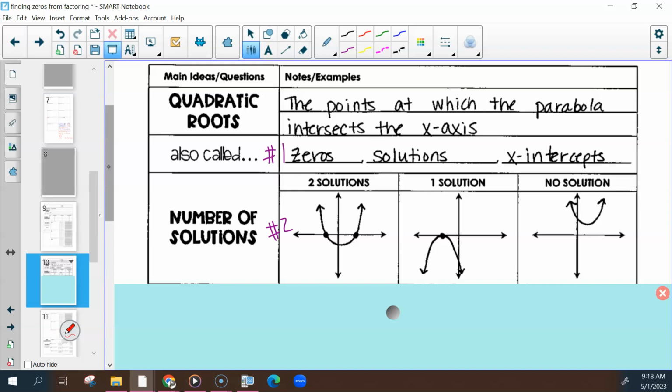And then they're also called these three things: zeros, solutions, x-intercepts. So all of those are interchangeable. Then there are three types of solutions. Two, where it crosses or touches twice. One, where the parabola only touches the x-axis once. Or none, it doesn't touch it at all.